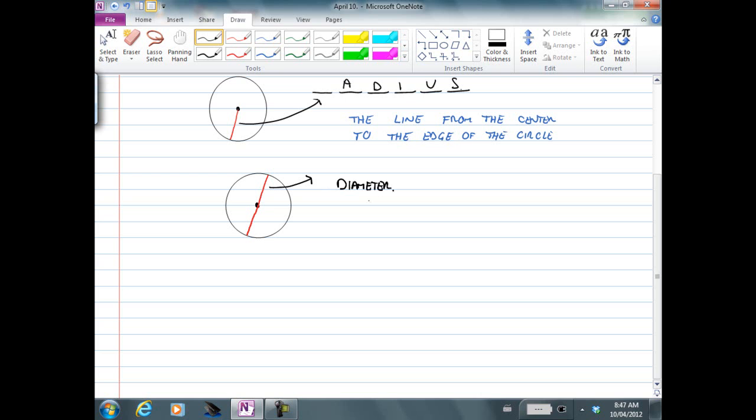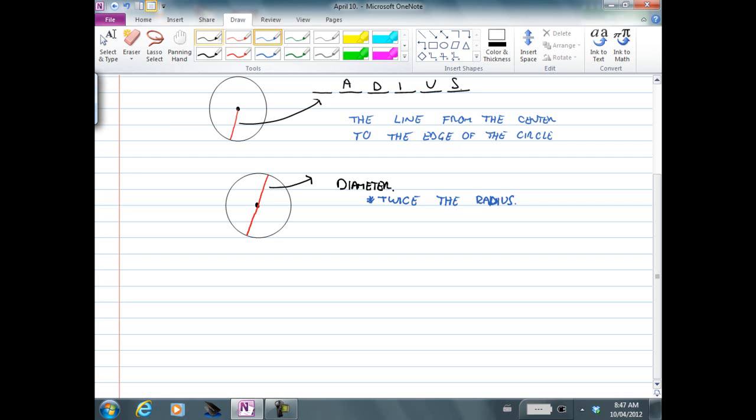Okay. Diameter. I'm going to write a few things down. Diameter is basically twice the radius. Put a star beside this. A lot of people don't see that.